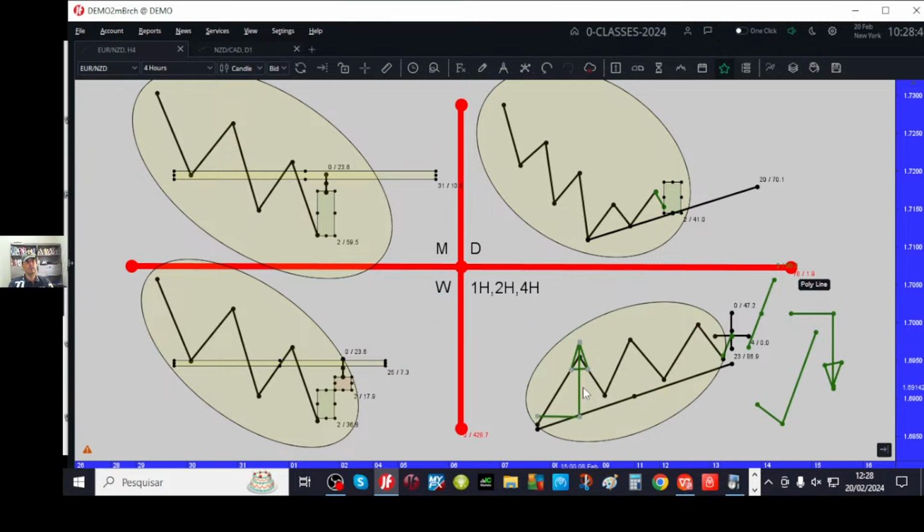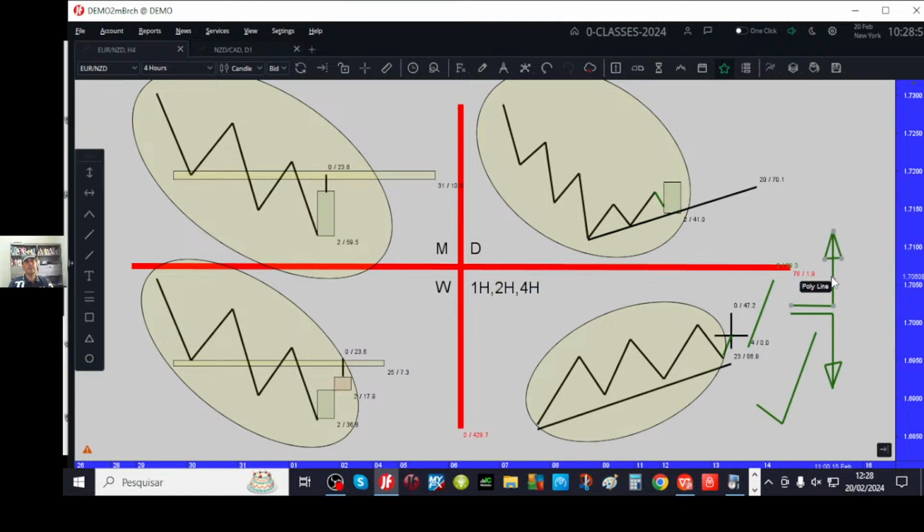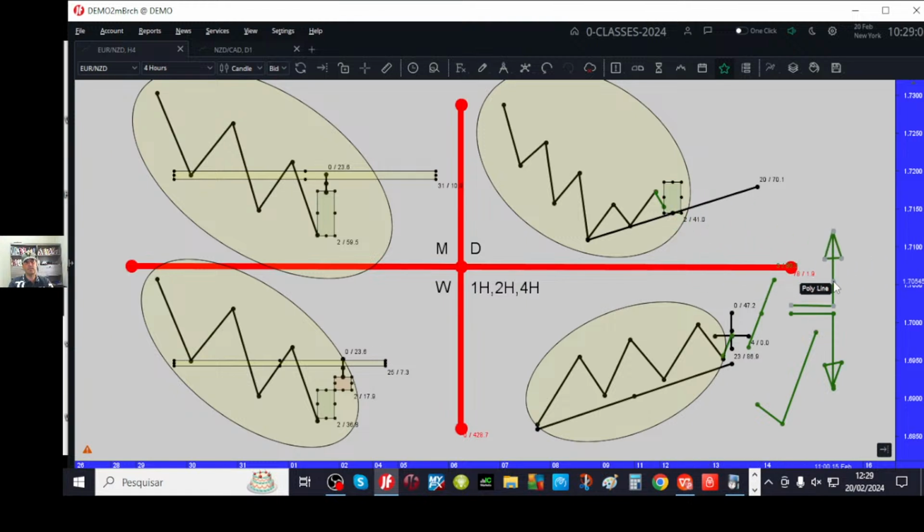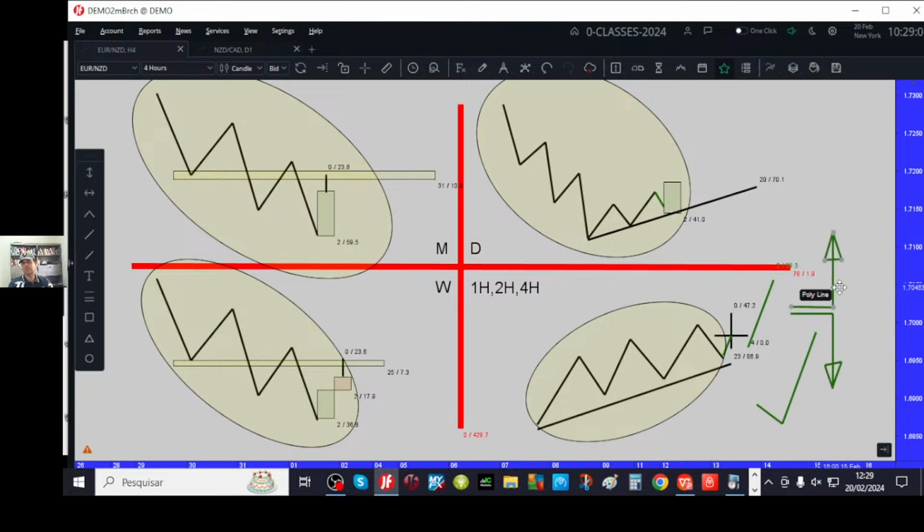And you are on the 1 hour, 2 hour, 4 hour chart. If you short the market, and the keyword is right now, you are shorting the market prematurely based on what you think is going to happen, where the 1 hour, 2 hour, 4 hour chart and the daily are telling you we are still going up. There is not anything that is telling you that this market is going to go down. You have no trend line breaks on the daily, you have no downtrend on the daily, you don't have even a bearish candle on the daily, and you want to short the 1 hour, 2 hour, 4 hour chart.